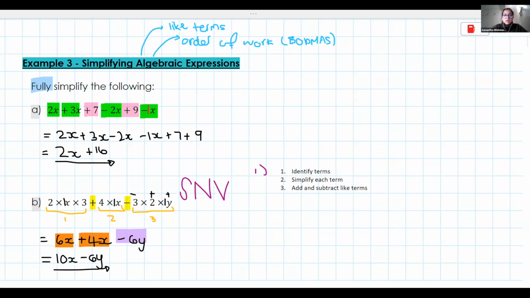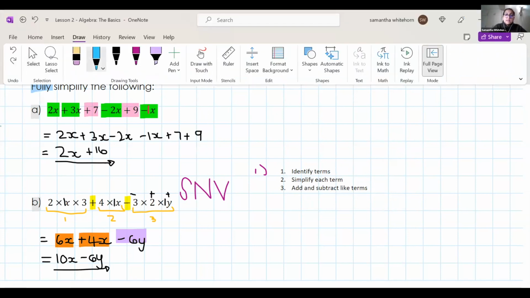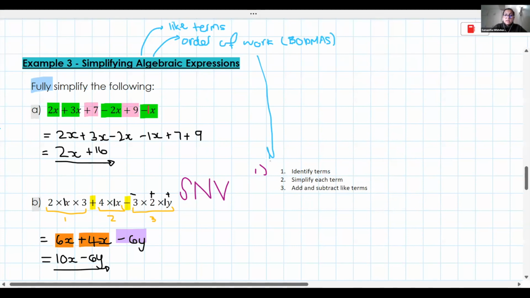Okay, so guys, in terms of algebra, your basic things are sort of what we've done over here. You need to be able to add and subtract like terms, and you need to be able to follow your order of work. Order of work, when I say that, is basically following these 3 steps. If you can do those 3 things, you have followed your order of work correctly, and so you're simplifying your expression.